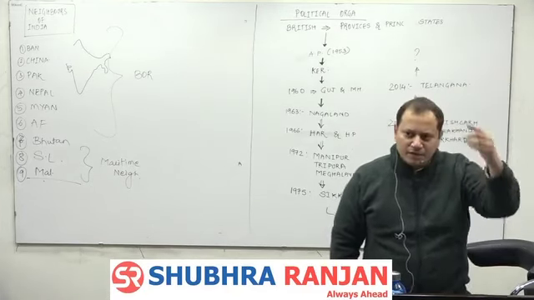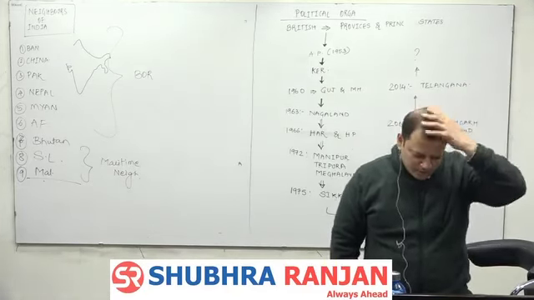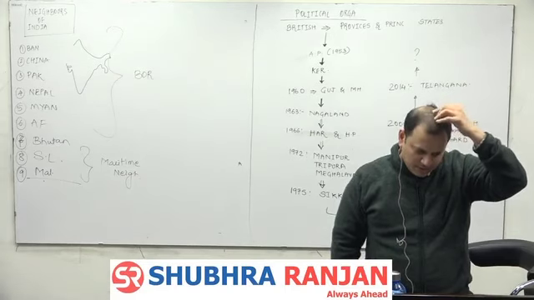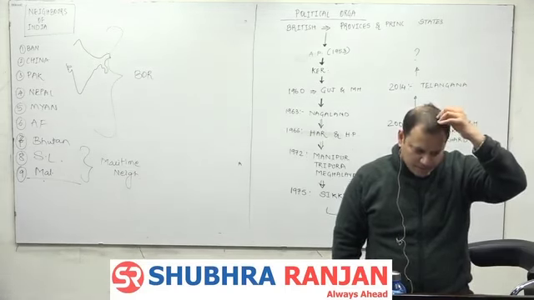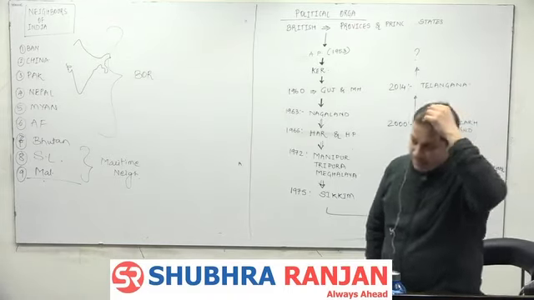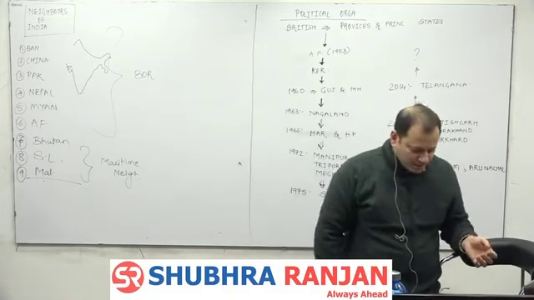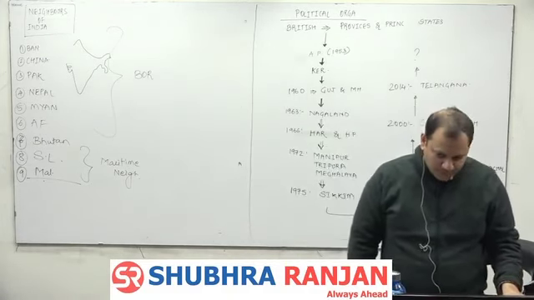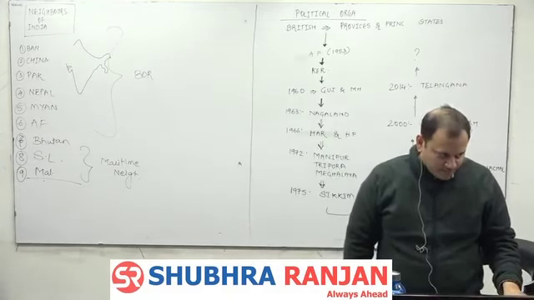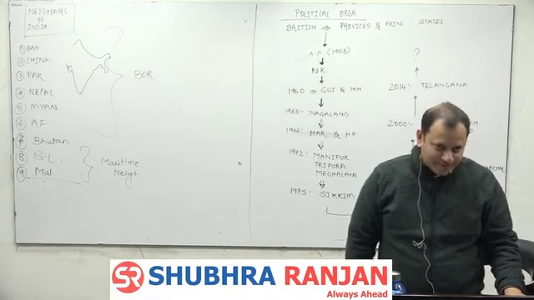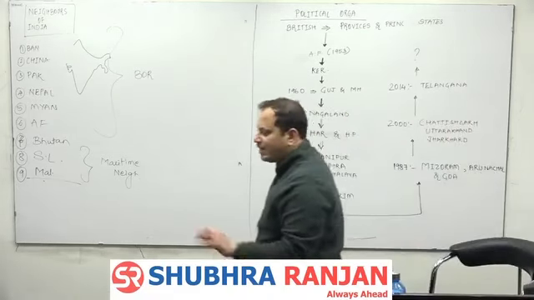This is the order of how we are having the borders. Third, Pakistan. Fourth, Nepal. Fifth, Myanmar. Sixth, Bhutan. And seventh, Afghanistan.